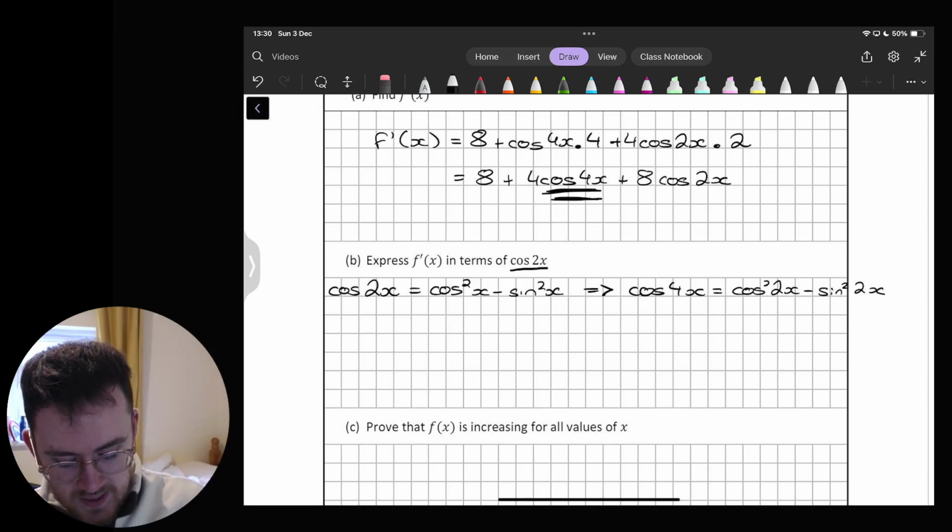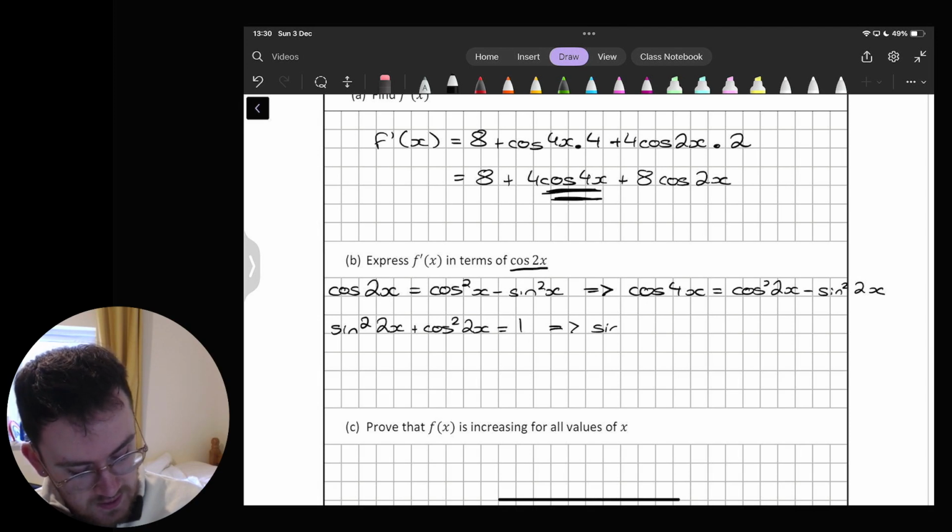However, then I'm bringing in a sine, and I don't really want to have sine either. So we're going to make use of the fact that sine squared 2x plus cos squared 2x is equal to 1, which means that sine squared 2x is equal to 1 minus cos squared 2x.